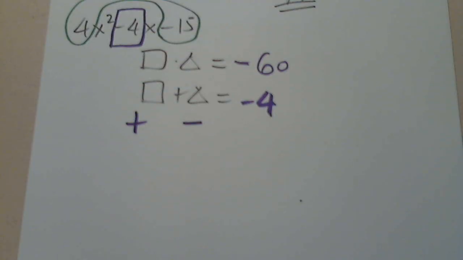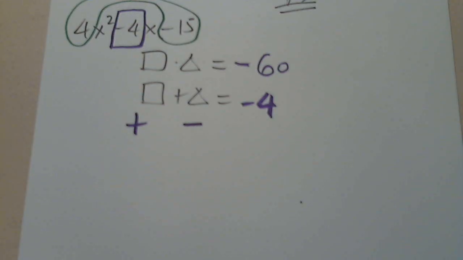Can anyone help in finding those numbers? A positive and a negative. Product -60, sum -4. Can anyone find two numbers for us?